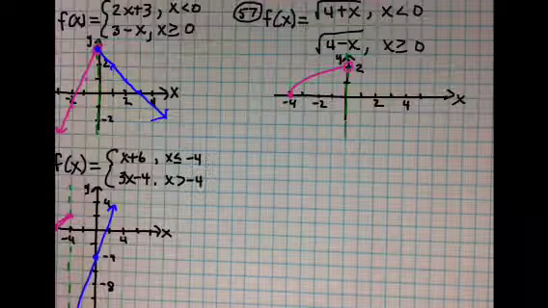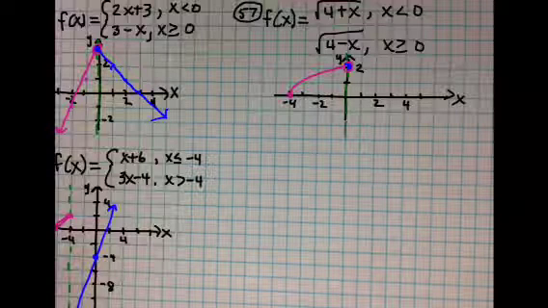Okay? For the other piece, the square root of 4 minus x, again I replace the x with 0. 4 minus 0 is 4, square root of 4 is 2. So the open dot, I fill it in with the closed dot, okay, because it says x is greater than or equal to 0. And just like in the other piece, this says x is greater than or equal to 0, but I can't really go beyond a certain number because of the function that they gave us.